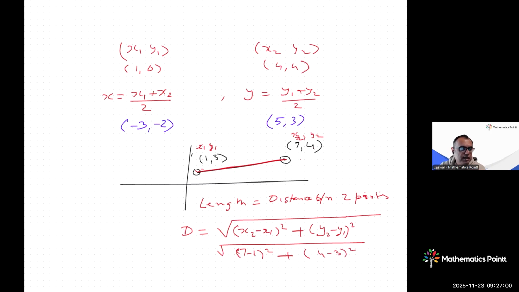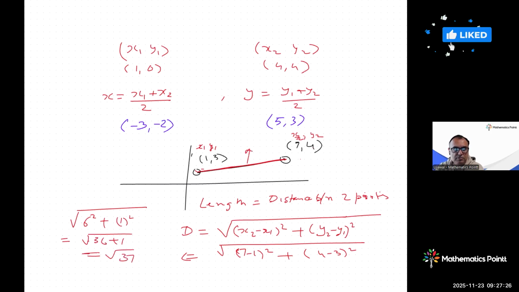So if I solve it here, 7 take away 1 is 6 square plus 4 take away 3 is 1 square. So eventually you have 36 plus 1. So answer is root 37. So the distance between the two points is root 37, not 37, admin, root 37. There's a square root on top.